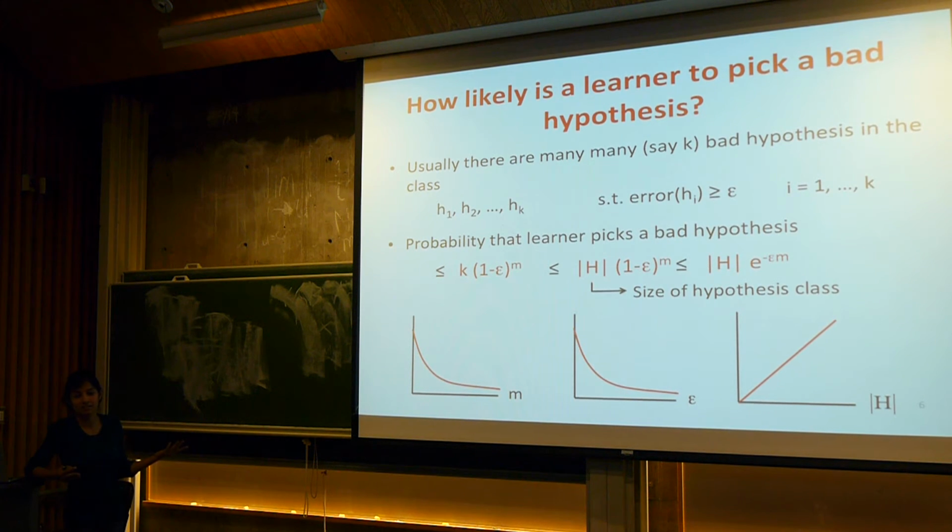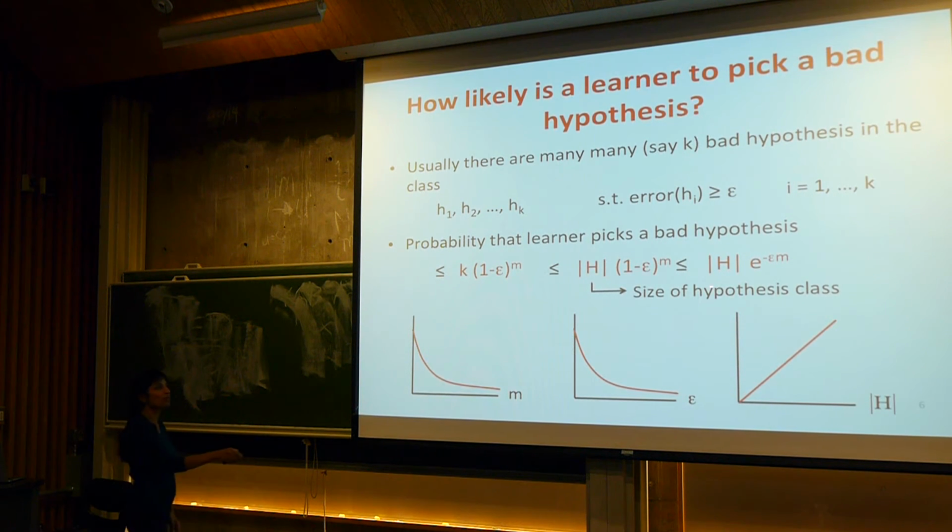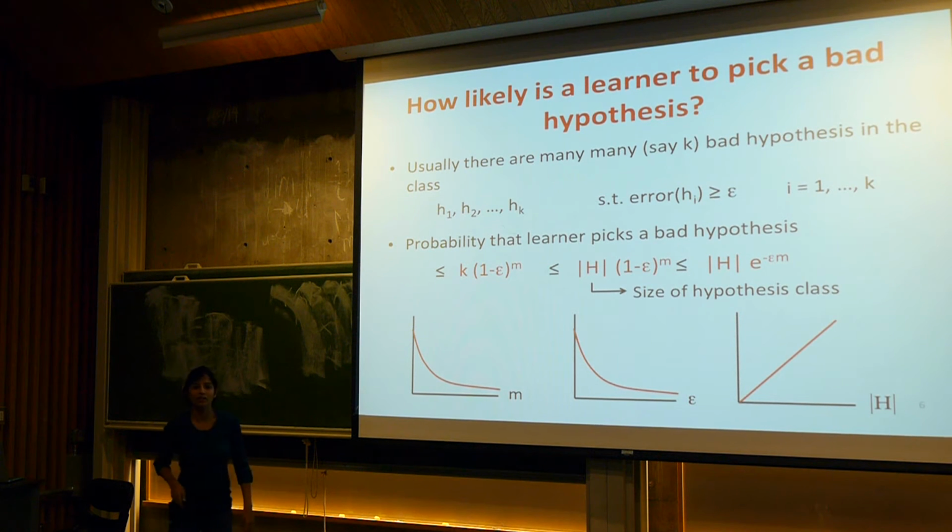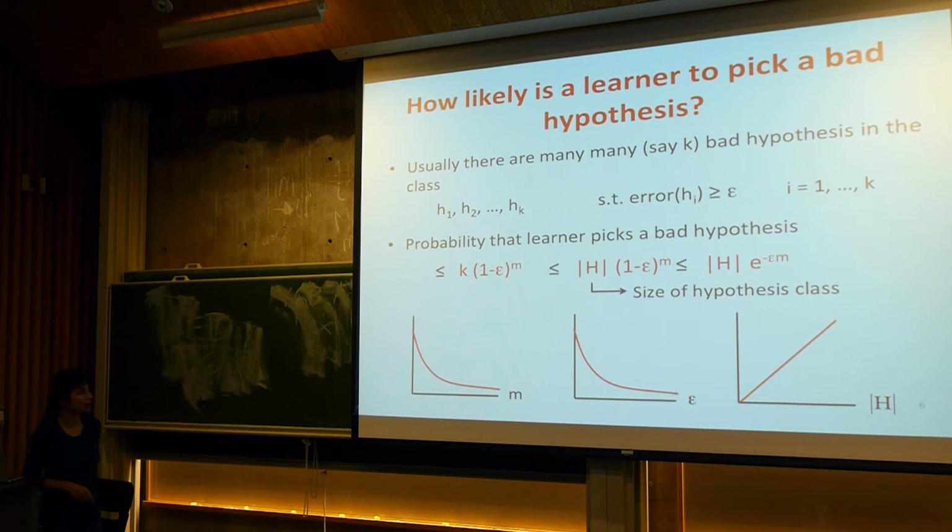You may not have any good classifier, depending on epsilon. But you are right that we can improve on this as we go on in the course. We'll see that there are better ways to bound it than just the number of hypotheses. But H minus 1 won't do it. Okay, any other questions?